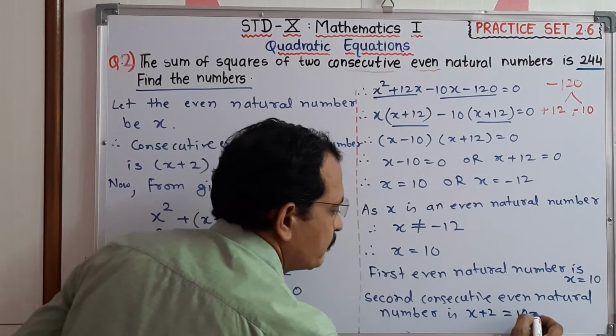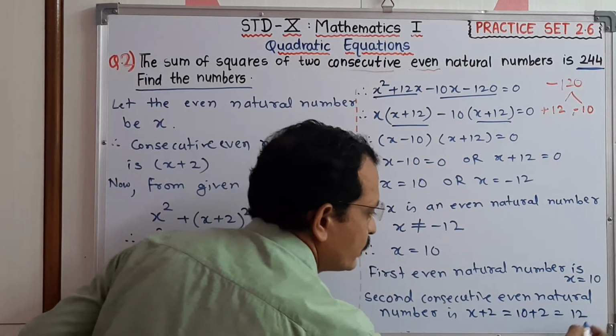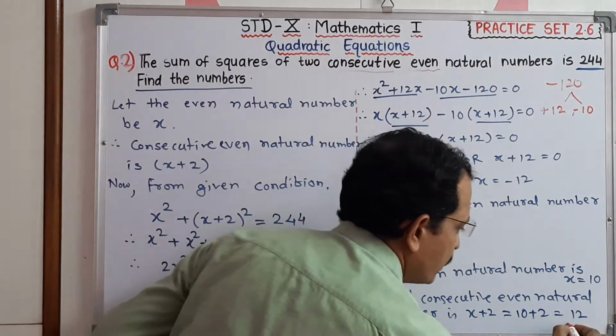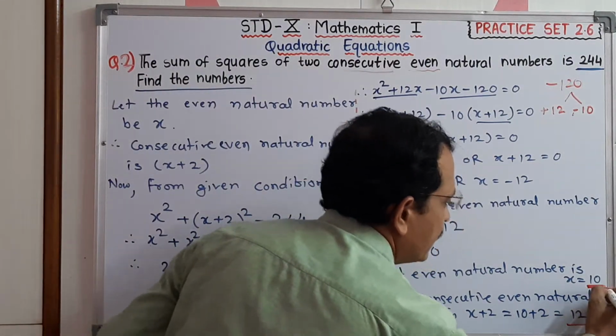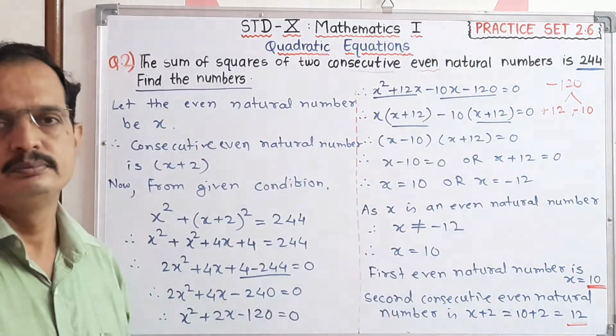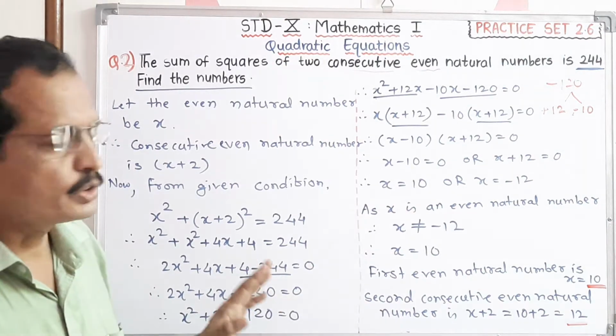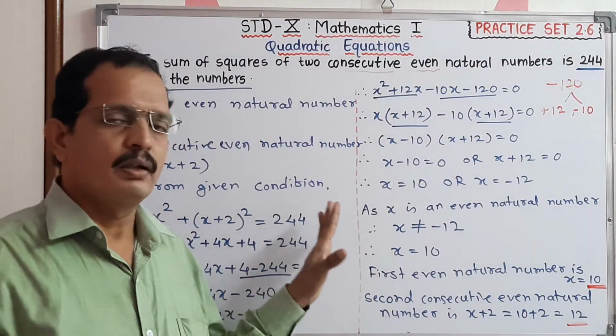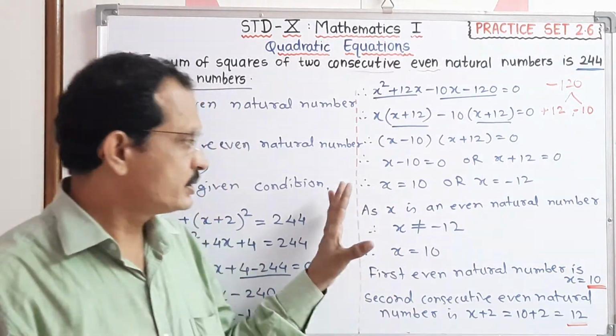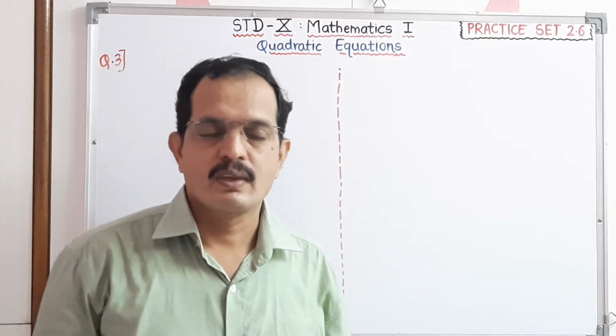That means 10 plus 2 is equal to 12. Therefore the numbers are 10 and 12. I think everyone understood this. Write this answer in your notebook.